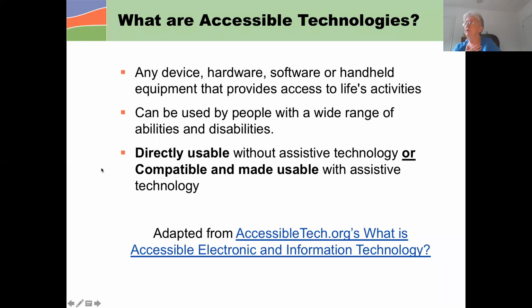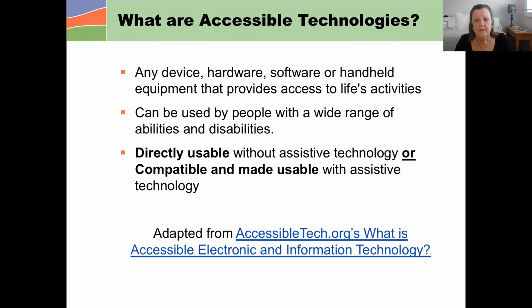I'm sure many of you out in the field have come across software programs that lock out assistive technology. Those are not accessible technologies. We're looking for those that allow us to make it usable and accessible with the assistive technology.